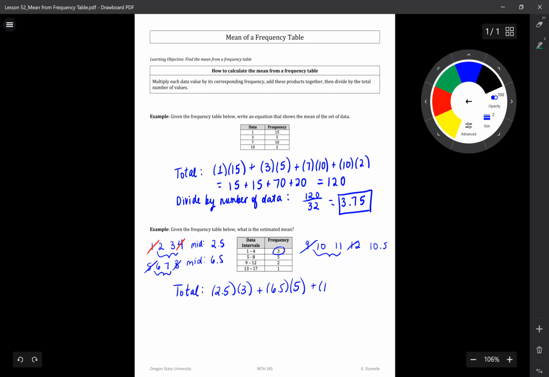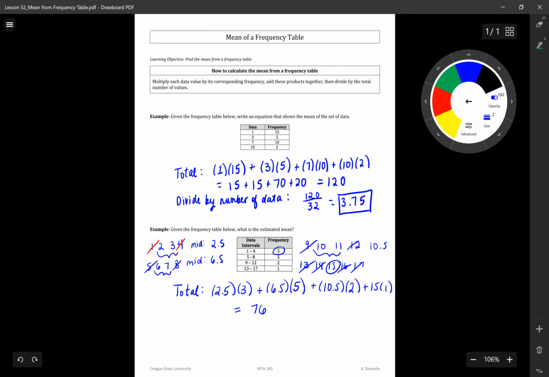So I multiply 10.5 by 2, its frequency. And then I have 13, 14, 15, 16, 17. In this case, we don't have to find the average. It's just 15, and we have one of those. So if I multiply all of these up and add them together, I get 76.